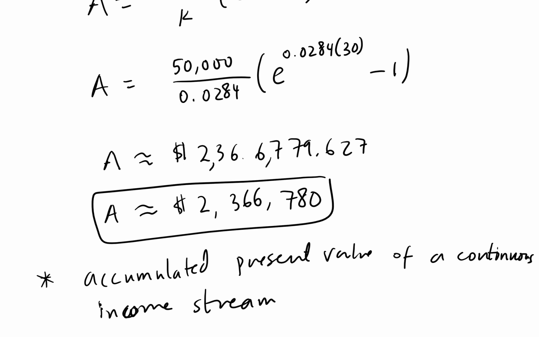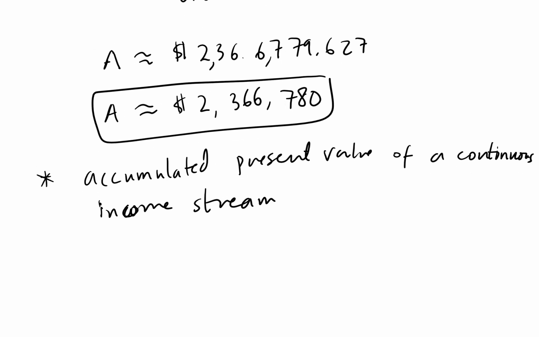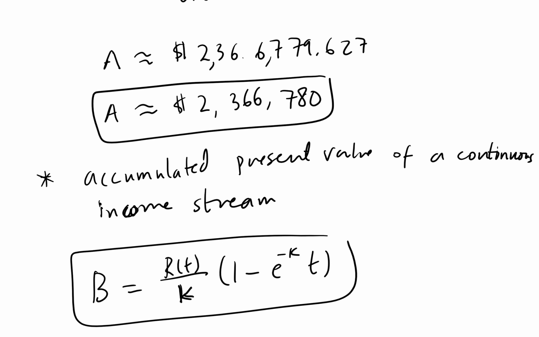Whenever you have a fixed income, maybe every year, every 2 years, every 3 years, that's called an income stream. The accumulated present value of a continuous function is given by capital B equals r of t over k, similar to the one we did earlier, but here times 1 minus e to the negative kt. This is the formula.